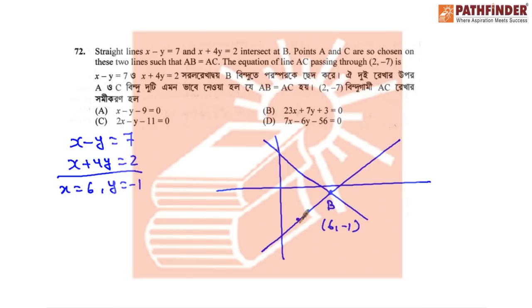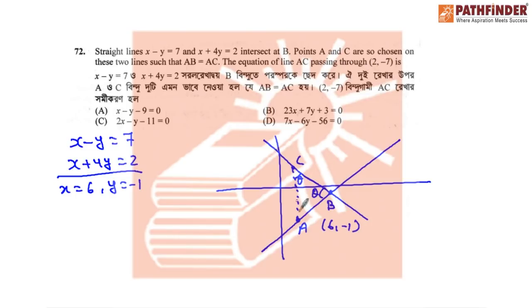Now there is a point, let's suppose one point is A here, another point C here. Just take this angle is theta. Since given that AB is equal to AC, so this angle is also theta. These two angles are equal. So if these two angles are equal, then we can write as y equal to x minus 7. This is A, and AC passes through 2 minus 7.